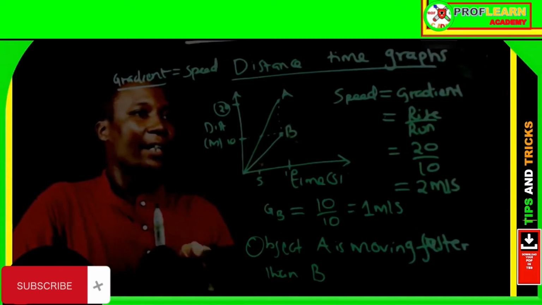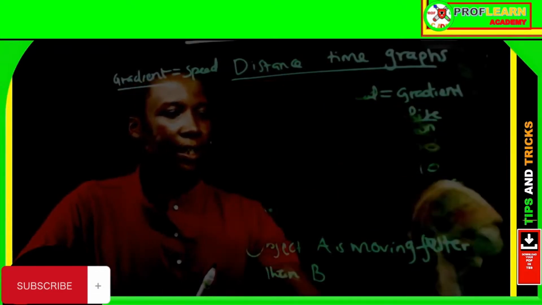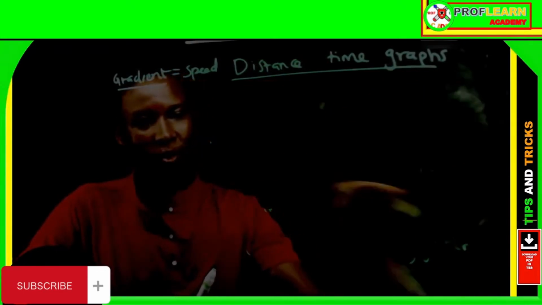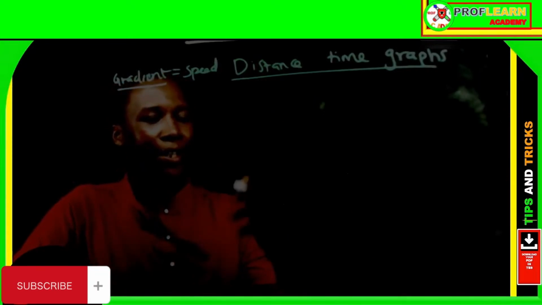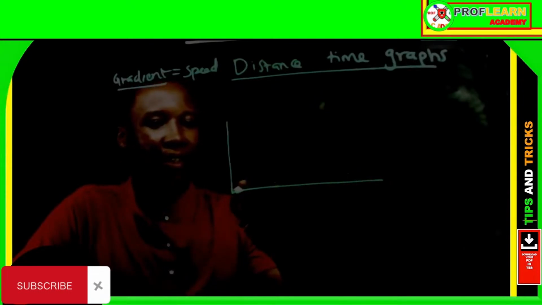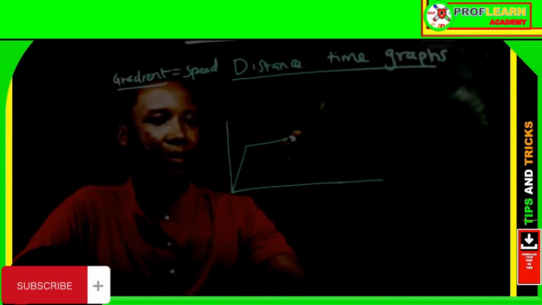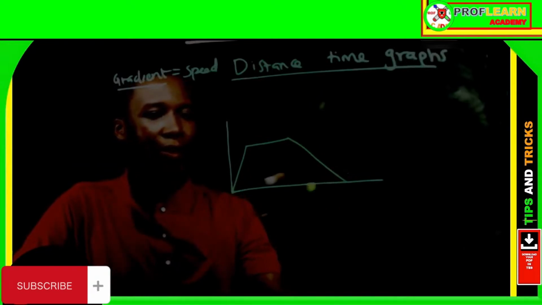Still under distance time graphs, I want us also to look at different concepts, different questions that you may be asked. Now, look at a scenario whereby you are given a graph like this, then going down like that.